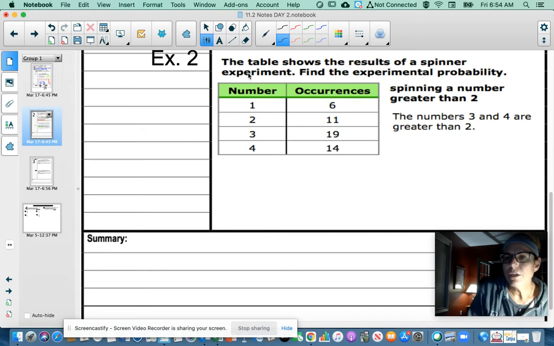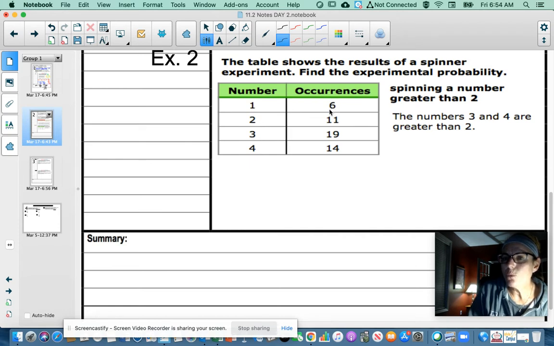All right, so here, let's talk about what this table represents. When they did the experiment, they had a spinner with 4 options, you could land on 1, 2, 3, or 4.